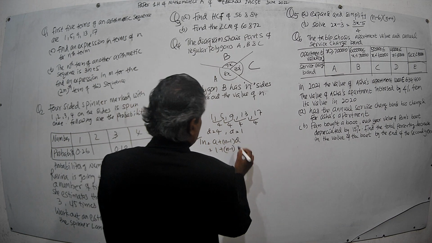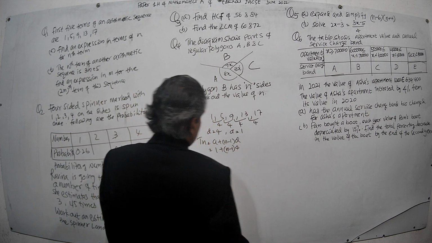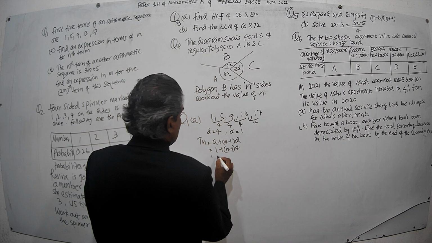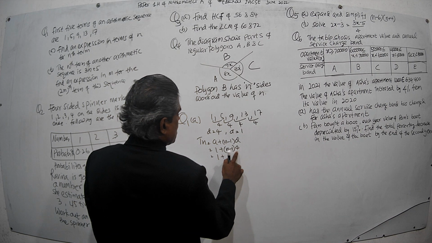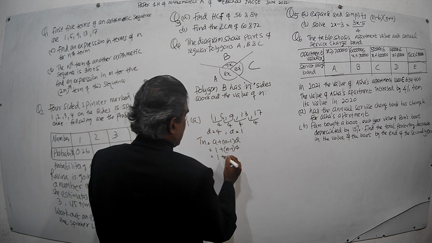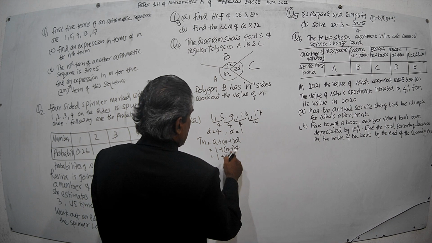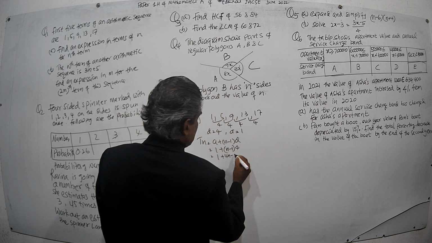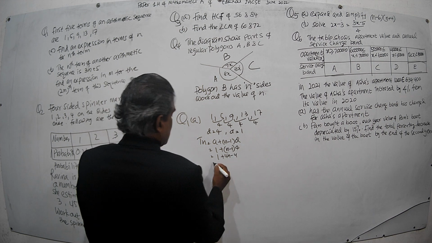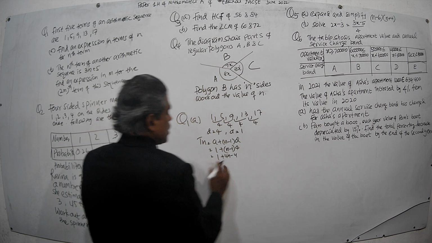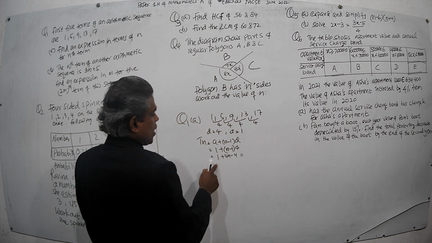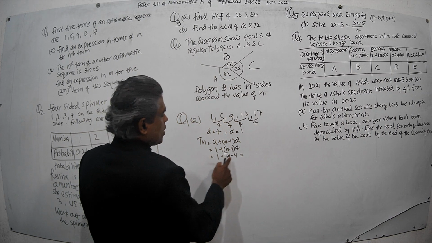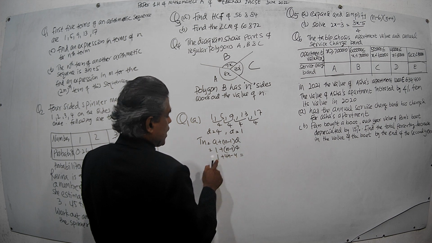Then D is the common difference, that is 4 here. Then you write here 1 plus n minus 1 times 4. Then remove brackets, multiply by this 4. 4 times n is 4n, and minus 1 into 4 is minus 4. Then it will be 1 plus 4n minus 4. Simplify like terms here: 1 minus 4 is minus 3.